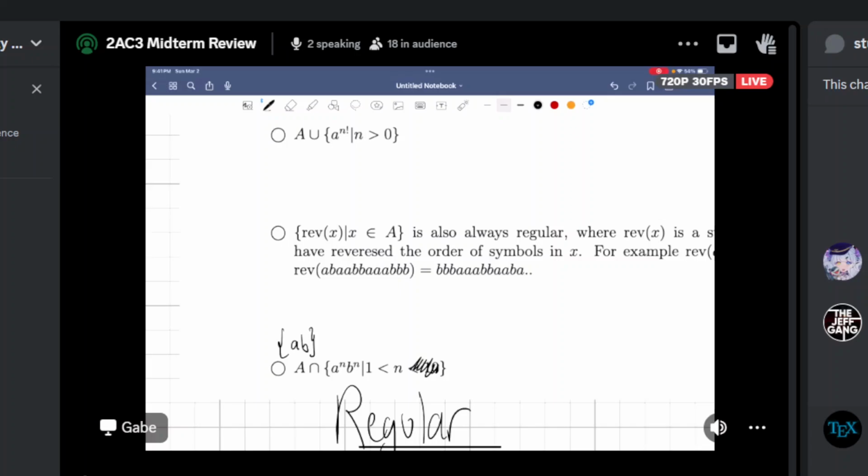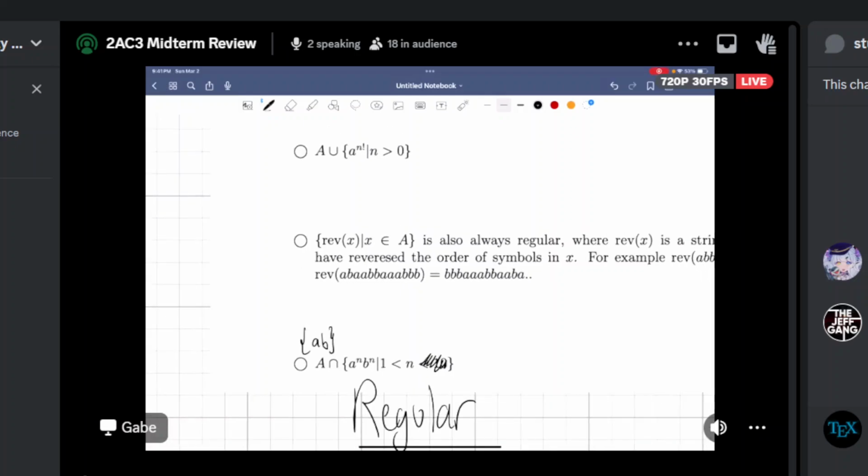I felt like we didn't touch on that, so I wanted to at least mention that part. Even if that part on the right was non-regular, this would only be non-regular under the condition where A is the universal set or something larger than the right side, something that encompasses the right side.